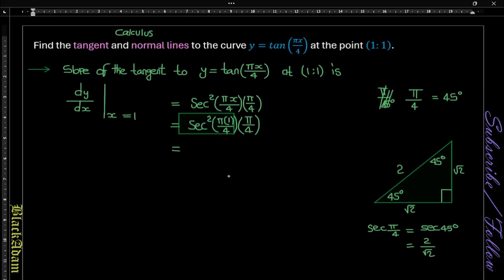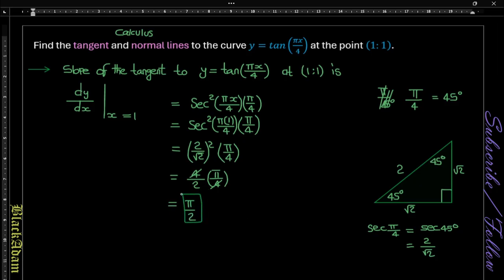So we're trying to find sec squared of pi over 4. Remember, we substituted x for 1, and now we have root 2 over 1, squared, multiplied by pi over 4. That translates to 2 multiplied by pi over 4, and so our gradient will be pi over 2.